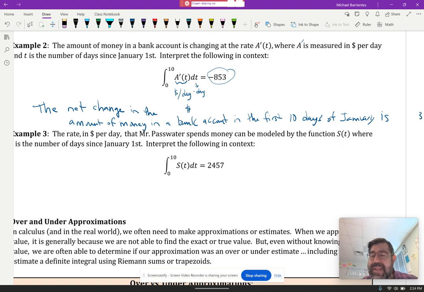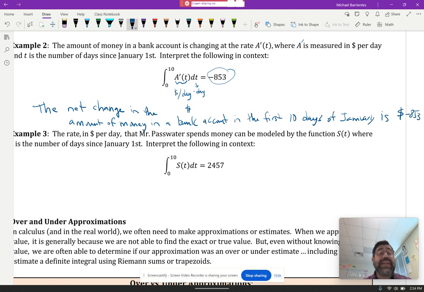Or I guess you would put the negative first. Would you put the negative first? No, I don't even know. Is it like that? No, that looks funny. I think it would be dollars negative 853. Or you can just say negative $853 and put the word dollars.